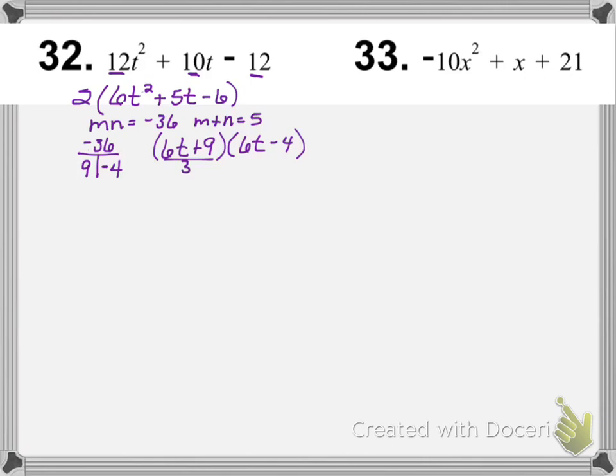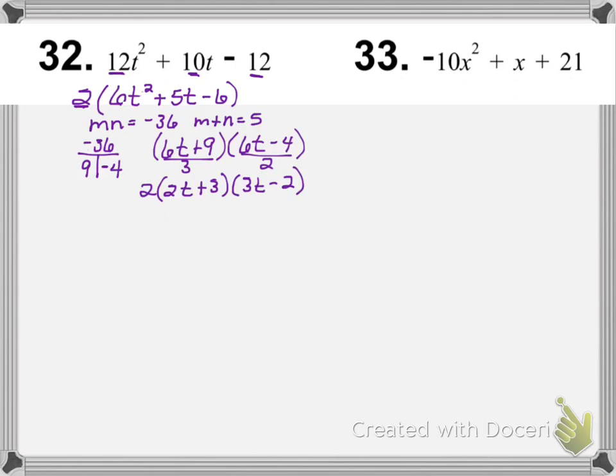This one by 3, this one by 2, so we have 2t plus 3, 3t minus 2, and then don't forget to bring down what you've factored. So it should work.